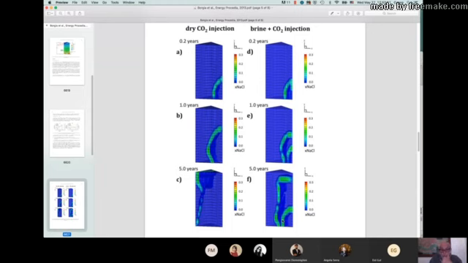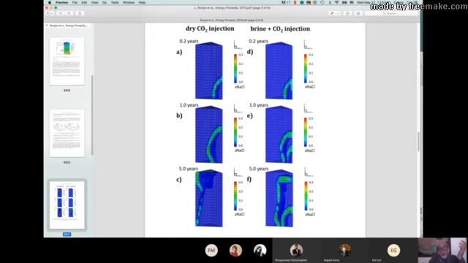The reason is one front is where your CO2 plume is, and the second front is where your CO2 plumes tend to become two-phase flow with your brine behind. So you sort of have these two fronts of salt precipitation that move through your system.